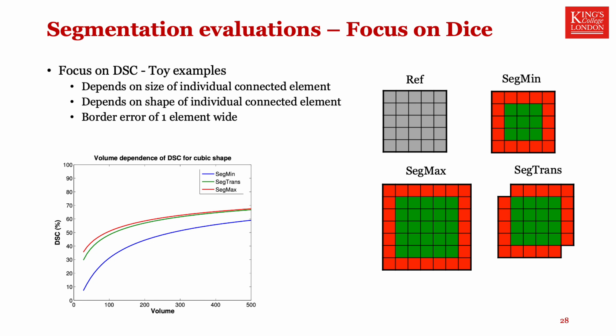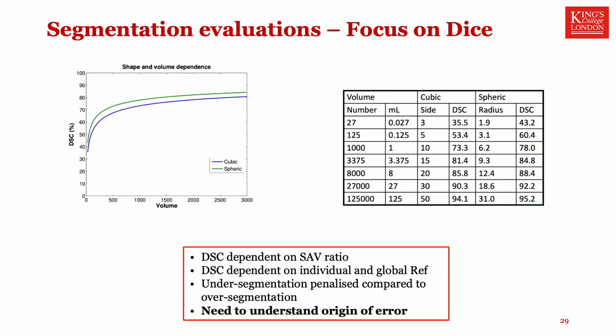When you look also at the shape of the object you are trying to segment, this will also massively impact the way your dice will evolve.